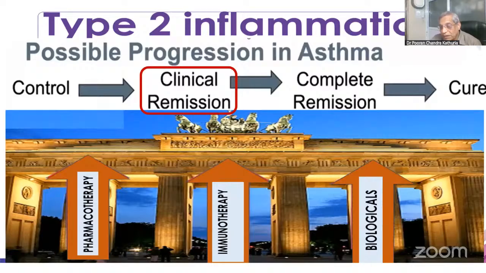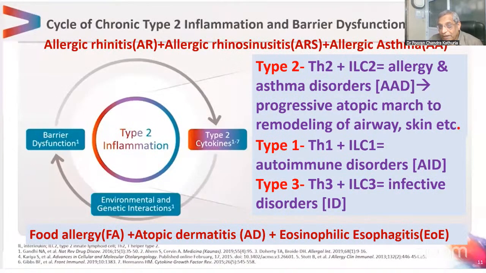If you want to understand how to achieve clinical remission, one must know what type 2 inflammation is. As already explained by Dr. Rakesh, type 2 inflammation comprises 6 diseases: allergic rhinitis, allergic rhinosinusitis, allergic asthma, atopic dermatitis, food allergy, as well as eosinophilic esophagitis.